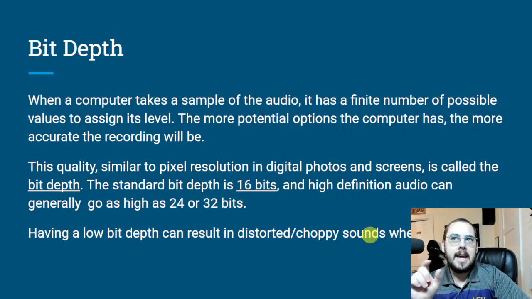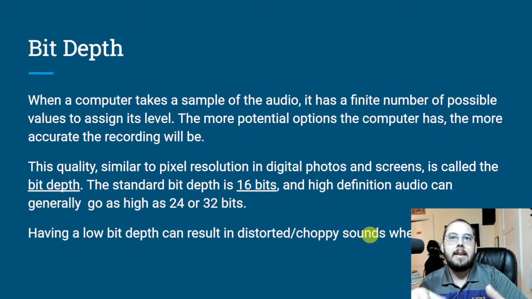So when the computer takes that sample, because it's a computer, it deals with numbers, there's a finite number of possible values that it can assign to that voltage. And essentially, the more potential options it has, the more accurate the recording can be to the original sound.